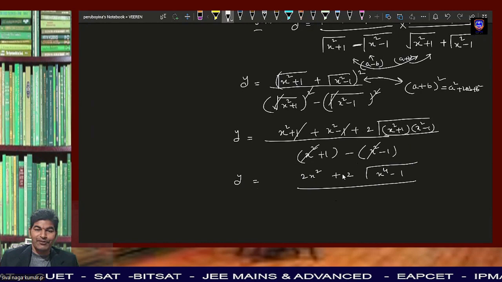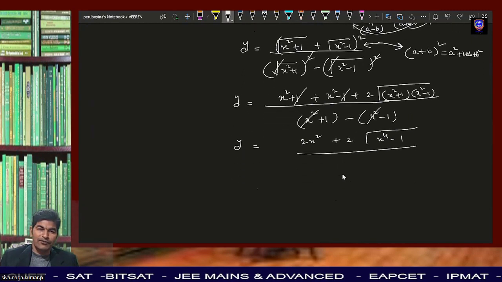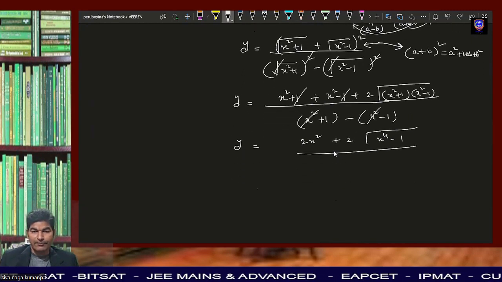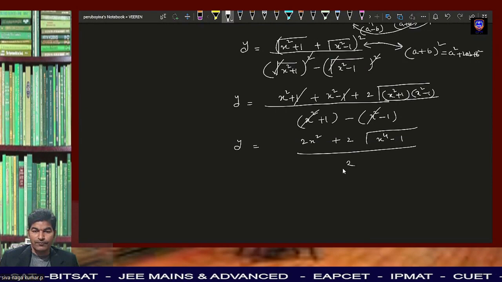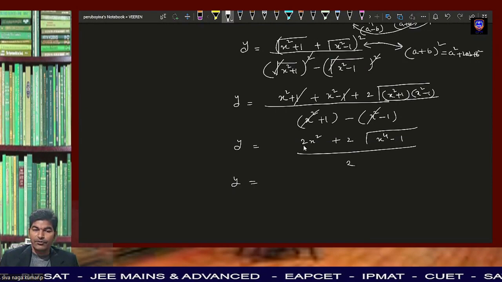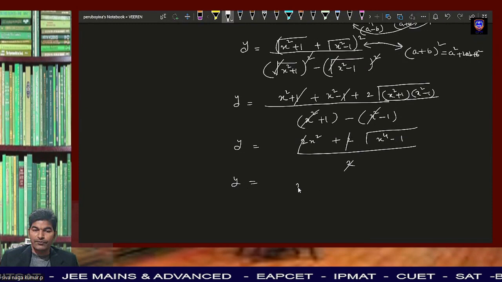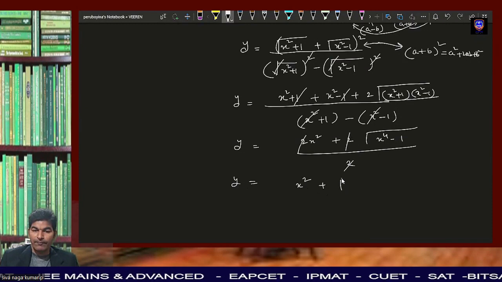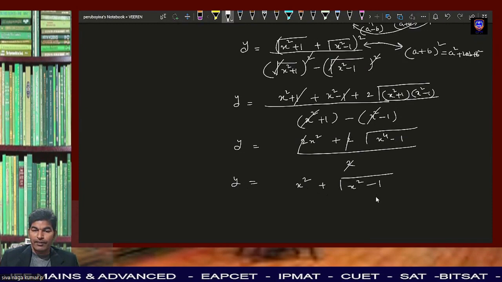Why? Because it was again looking like a plus b into a minus b, a square minus b square. So 1 plus 1 is how much? 2. So now you can cancel this 2 here with this 2. So what is left? x square plus root of x power 4 minus 1.